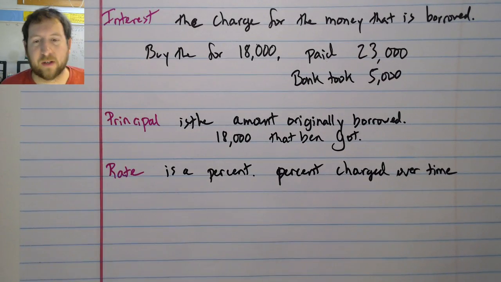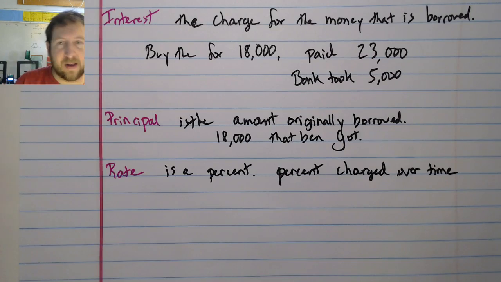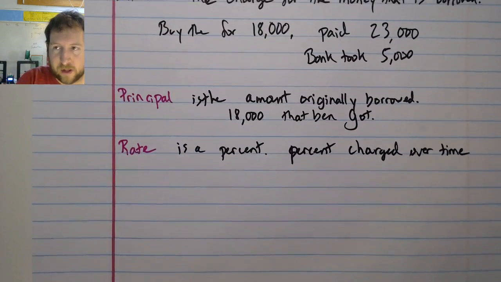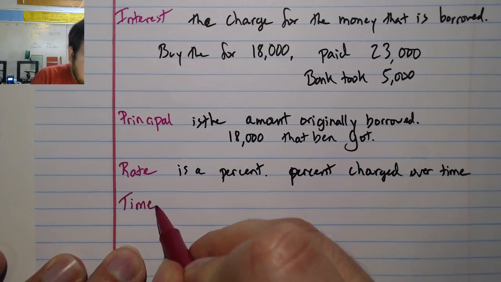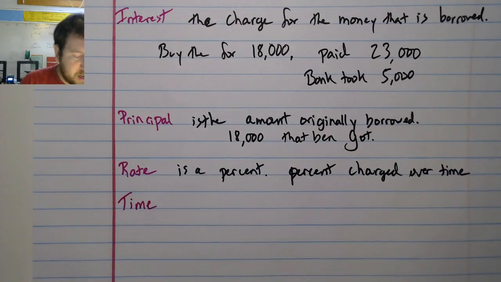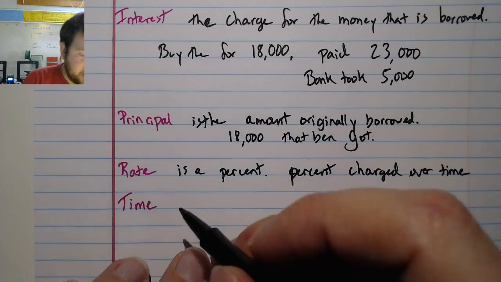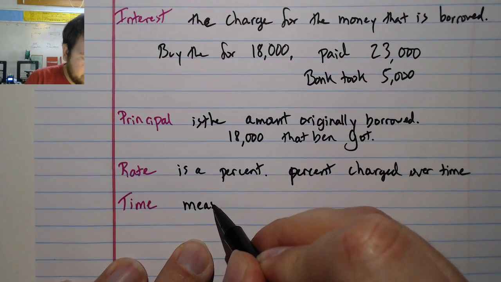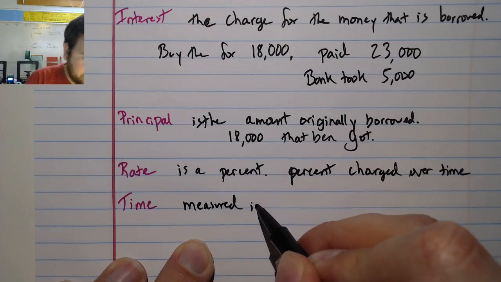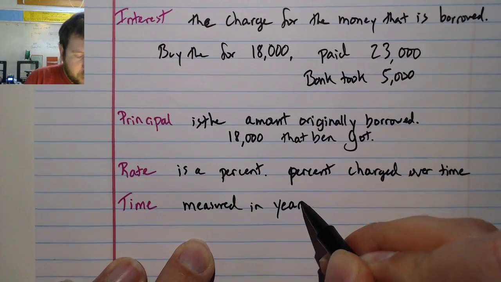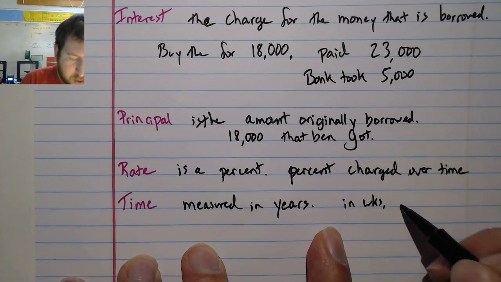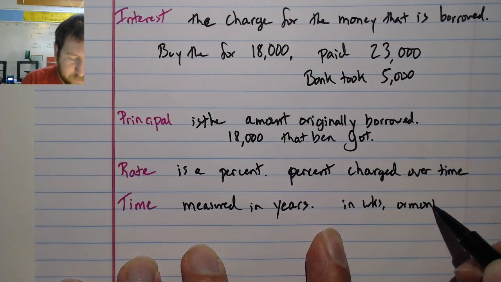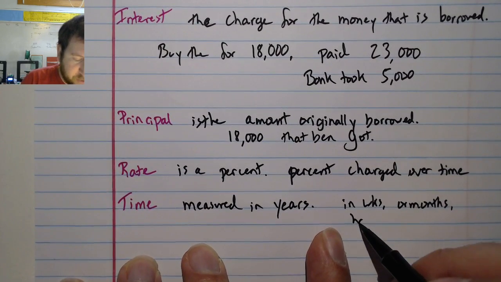And it is typically charged over time. Now, we need one last term to work on this formula. This is one that we're going to know, but we do use time. And in our formula, our time is always going to be measured in years. So if they give us weeks or months, you have to convert.